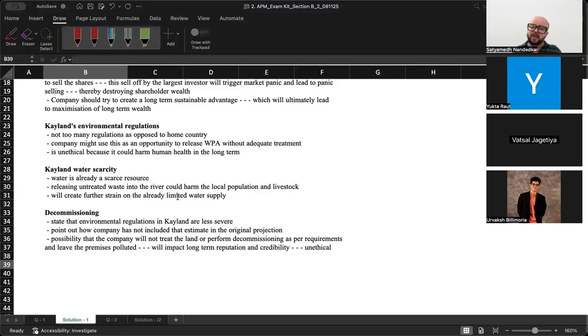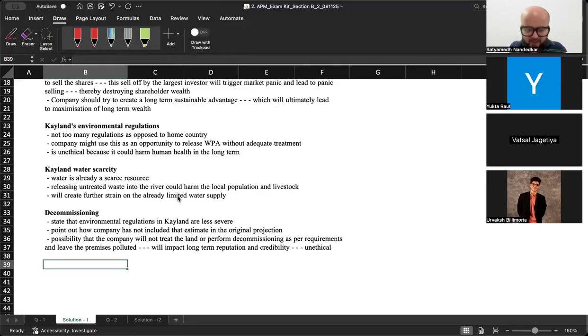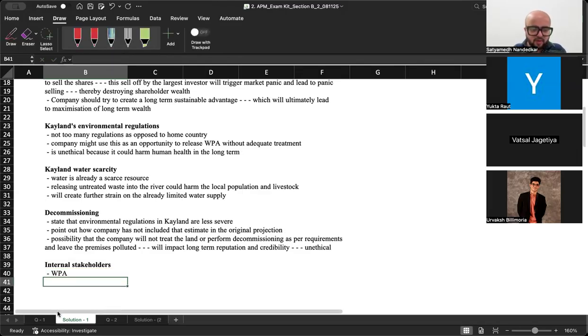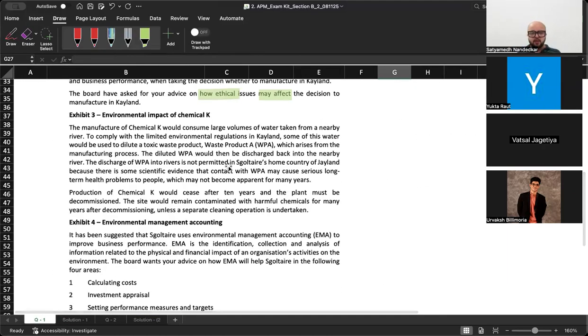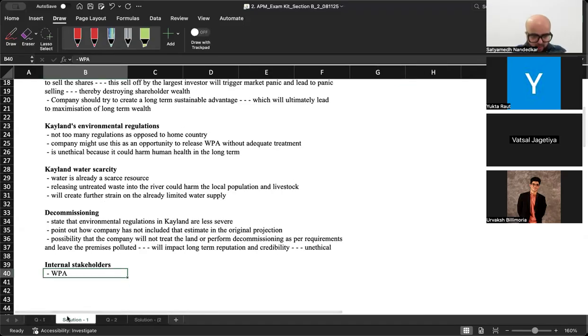बोर्ड का ऑब्जेक्टिव शुड बी मैक्सिमाइजेशन ऑफ शेयर होल्डर वेल्थ, राइट. सो फ्रॉम एन इंटरनल स्टेक होल्डर्स पर्सपेक्टिव, WPA, what is the word that they have chosen here? For WPA is not released, there is some scientific evidence that contact may cause serious long-term health problems.